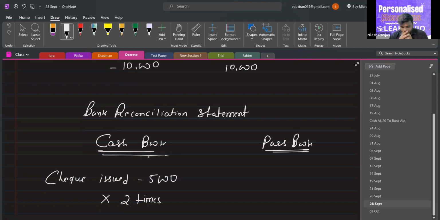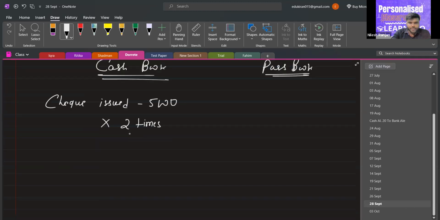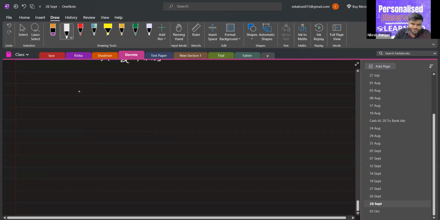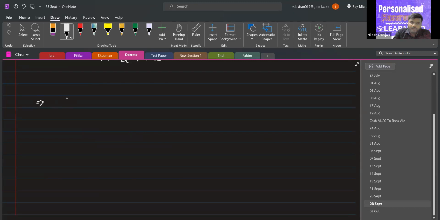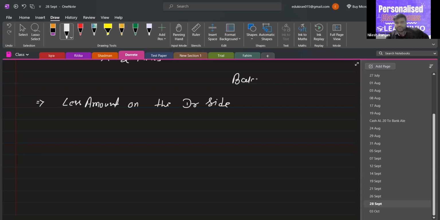Now, if there are some errors in our cash book, how will we correct it? We will minus it. Okay, there may be different types of errors. Let's say there is a less amount written on the debit side. Then we will increase the cash book, sir. If there is a less amount on the debit side of the cash book, what will be the impact on the balance?